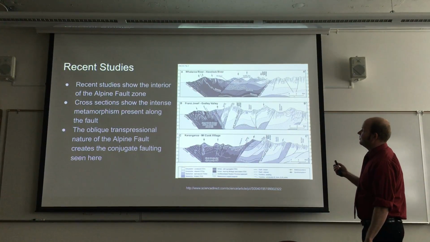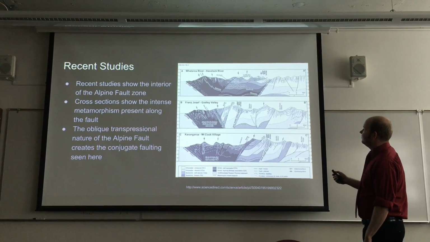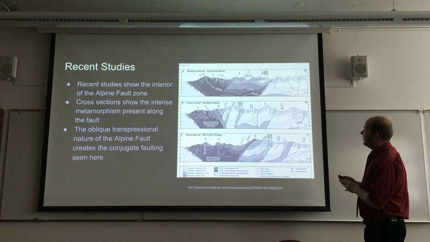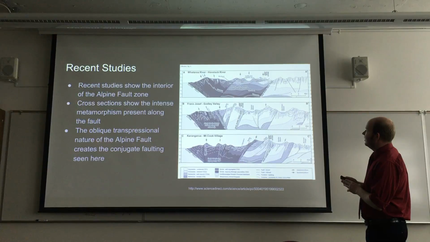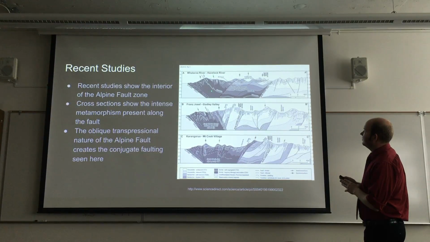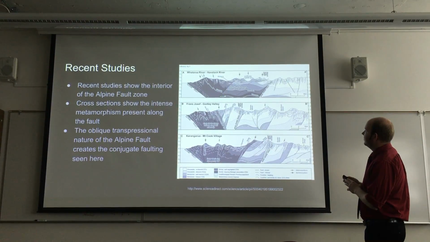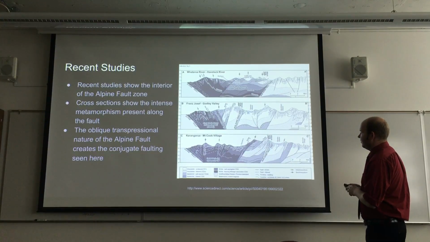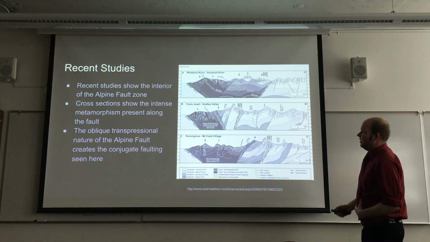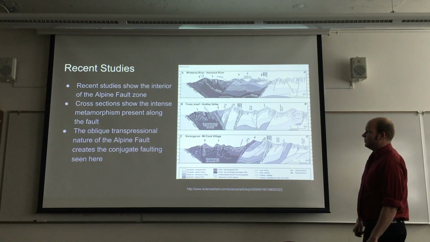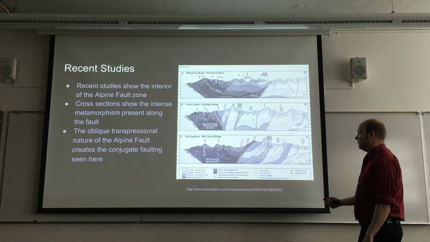This recent study shows the interior of the Alpine Fault Zone. You can see the Alpine Fault right along through here, and then you see all the metamorphosed rock in between and a lot of conjugate faulting happening further away. The oblique transversal nature of the Alpine Fault creates these conjugate faults seen here.